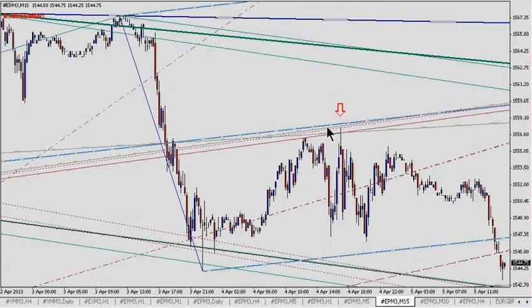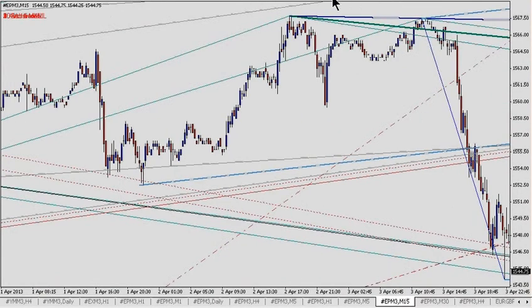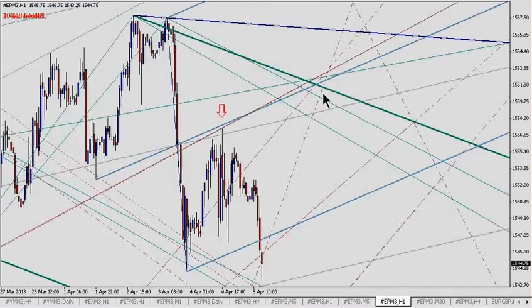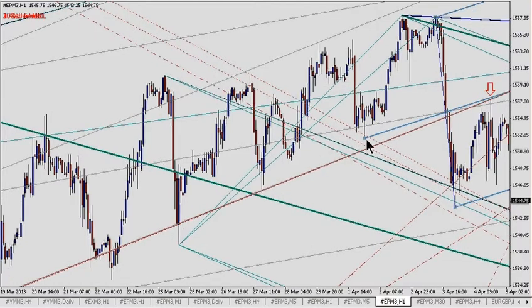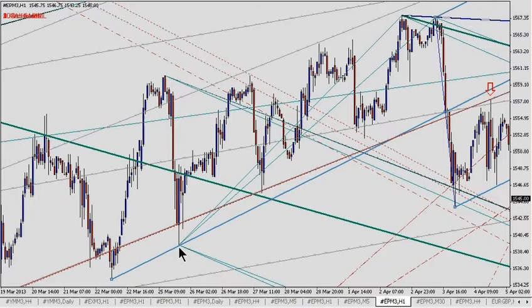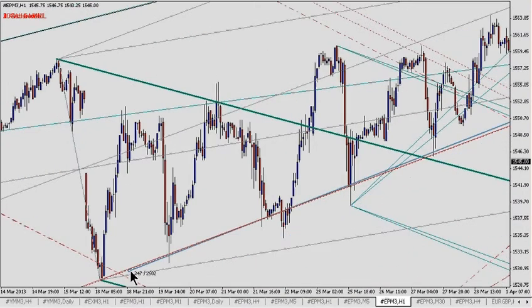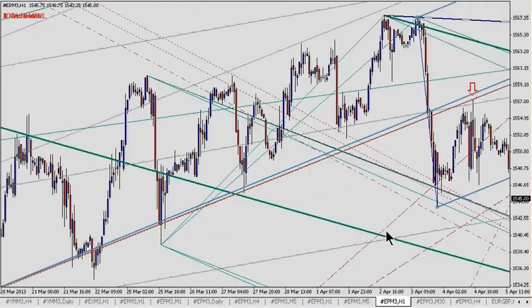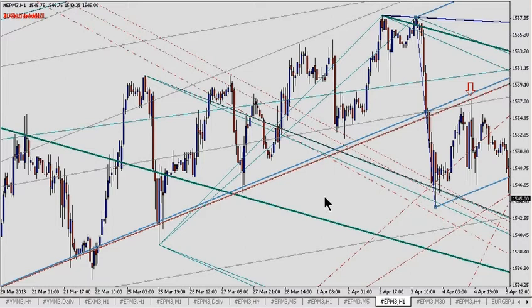If we go down to, there you go, this area here has not been reached, this center line, it's a miss. And what I like to do with this though is go up to the 60-minute and see if there's any frequency along this line, and there is. Look, we use that pivot, we've got a bounce on there, which shows that we can actually use that one there, and it goes right along that reaction line, sharing the same frequency.